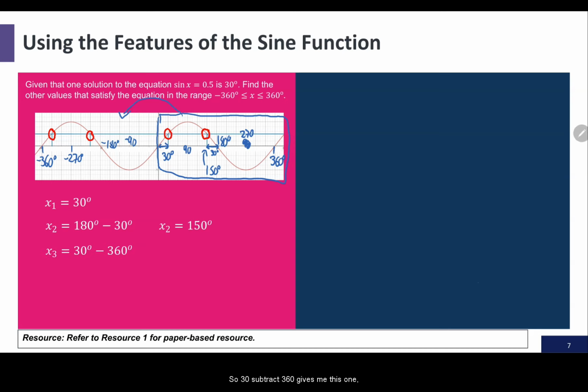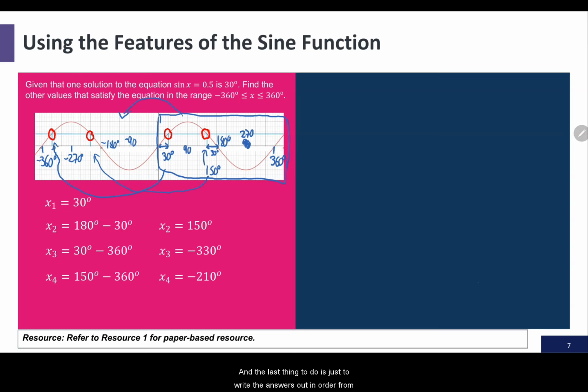So 30 subtract 360 gives me this one, minus 330. The next one, 150, take away 360, gives me that one there, which is minus 210. And the last thing to do is just to write the answers out in order from smallest to largest. So 4 solutions.